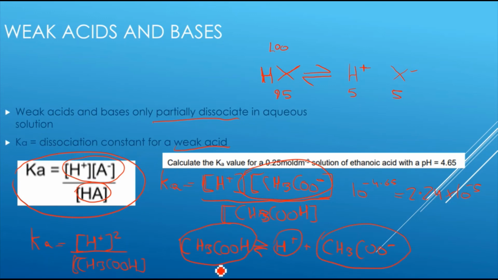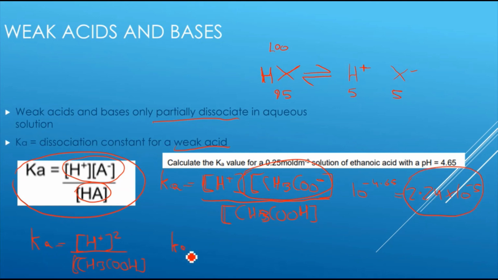So if we had 100 of ethanoic acid dissociating, we would have 100 of H+ and 100 of CH3COO-. So we would have equal amounts, and that's why we can just write H+ squared. We don't need to find the CH3COO- concentration by doing something else. So the concentration of CH3COO- would also be 2.24 times 10 to the power of minus 5.